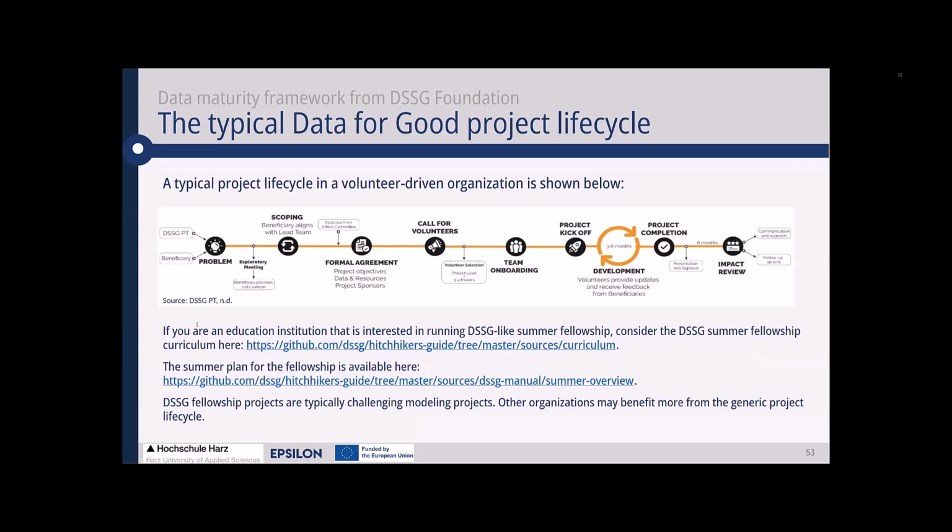Yeah, and here in the project scoping, it is, as we already discussed, an iterative process between the beneficiary and the lead of the project team. After the scoping, the ethics committee from both sides should agree on a project, on the scope, and on the respective data and resources that will be addressed in the project. Also, it is necessary to talk about the project sponsors.